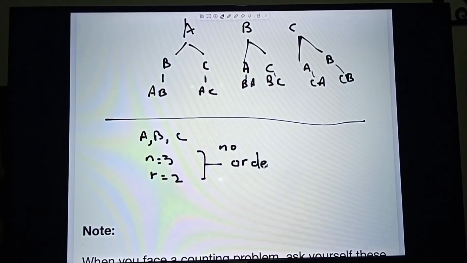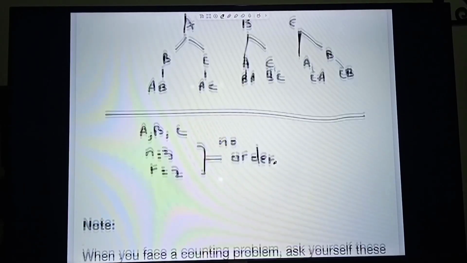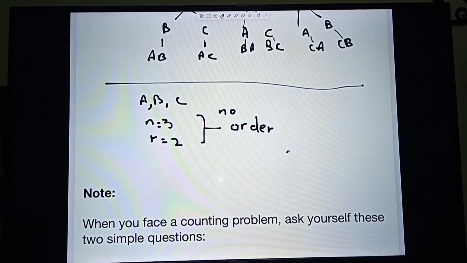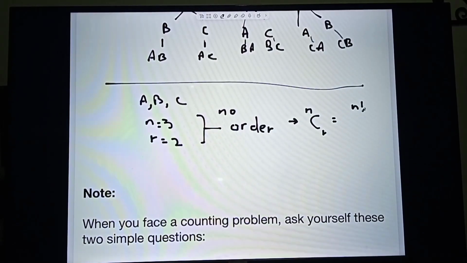So without order you can use the combination formula, and the formula will be nCr, which is equal to n factorial divided by r factorial times n minus r factorial.